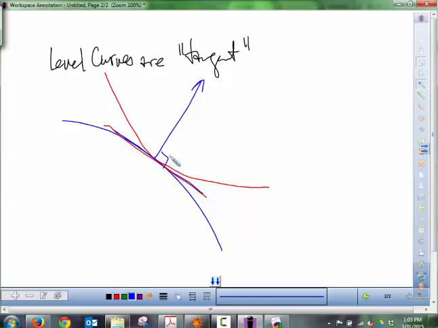And we know that a property of the gradient is that it is perpendicular to a level curve. And you can also see that the gradient for the other curve is also perpendicular to the tangent. Well, if the tangent is the same, then it's either going the exact opposite or in the same direction as the other gradient.